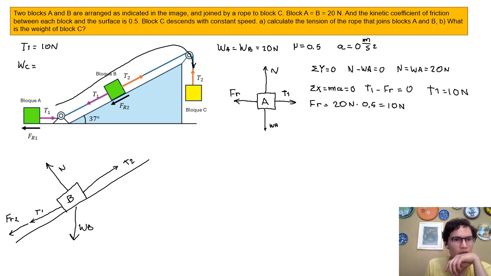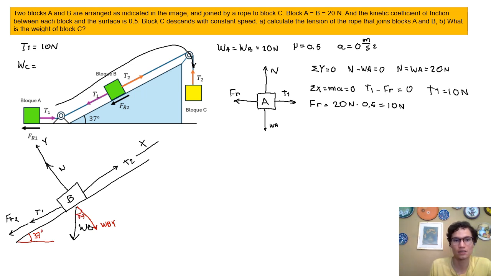Alright, in this case, it's convenient for us to put the reference axes inclined, as most of the forces are. So this will be the y-axis, and this will be the x-axis. In this case, the weight must be decomposed into two components. We know that this angle here is 37 degrees, so this is also 37 degrees.